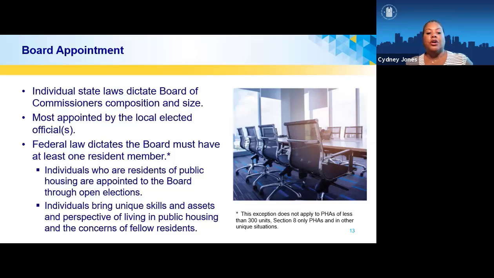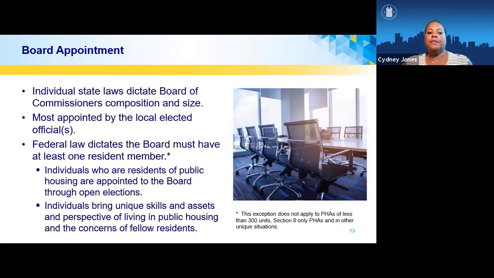However, PHAs are really encouraged to make every attempt to include a resident commissioner on their boards, and really must reach out to residents annually through the Resident Advisory Board or some other method to attempt to recruit resident commissioners. Because resident commissioners not only bring their unique skills and assets to the role, but they also bring the perspective of living in a public housing unit and hearing the concerns of their fellow residents.